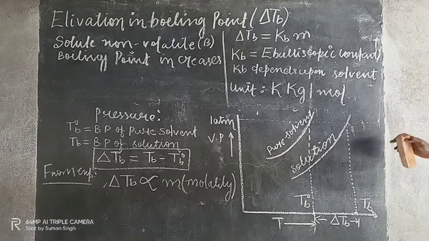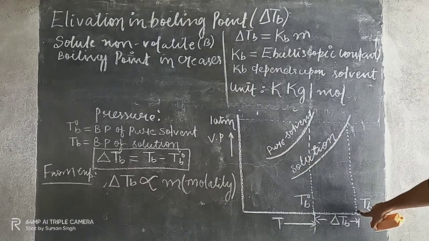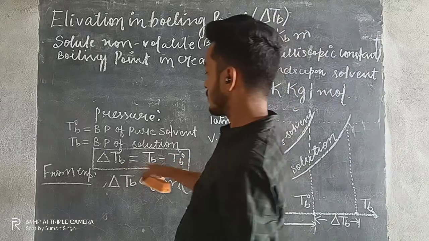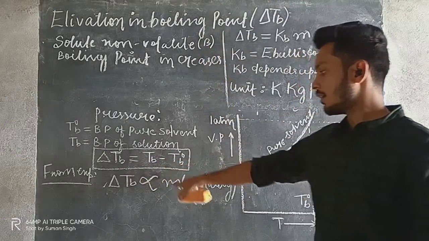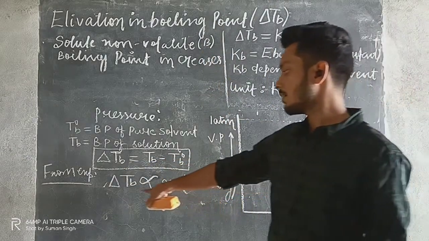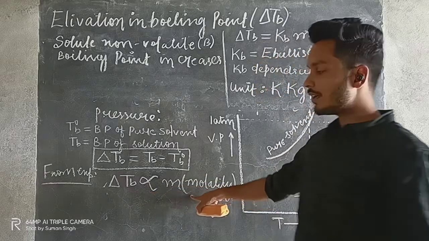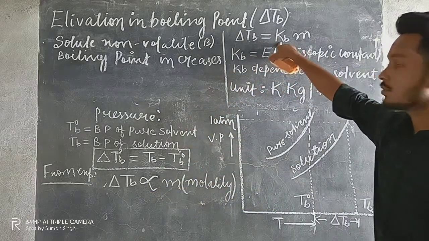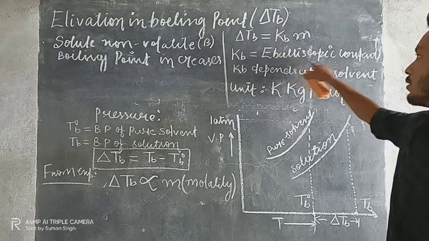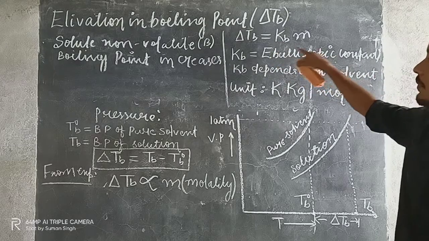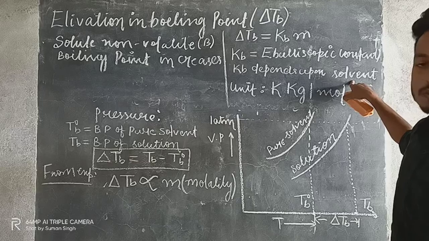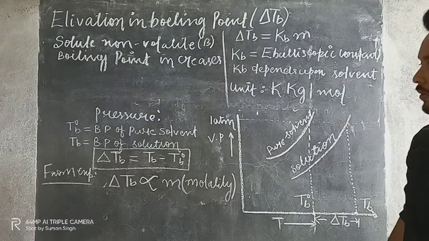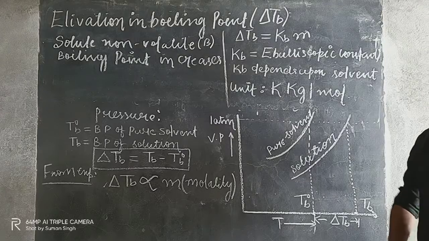After adding a non-volatile solute, the temperature increases to TB, and the difference is delta TB equal to TB minus T naught B. Delta TB is directly proportional to molality, with the constant KB depending on the solvent, so its unit is Kelvin kg per mole. I hope this is clear.